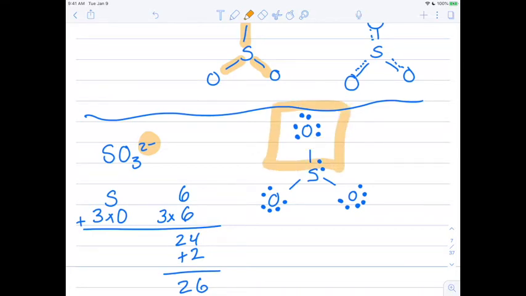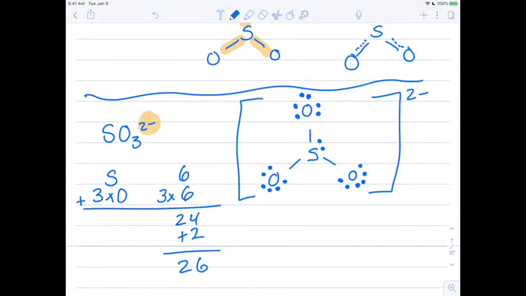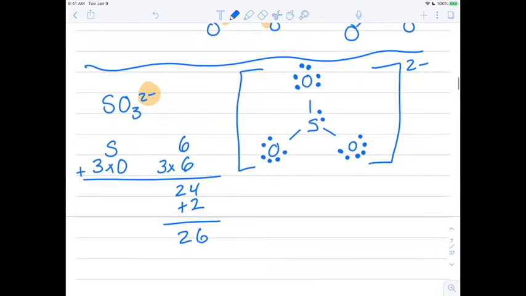And our top oxygen? Excellent. And now how about sulfur? Does sulfur have enough? Excellent. So everybody is satisfied here. And now because it is a 2 negative, we put our square brackets with our charge to the outside. Okay. So this one does not have any resonance structures because there's no double bonds we need to worry about. So any questions on how we did SO3 or SO3 2 minus?